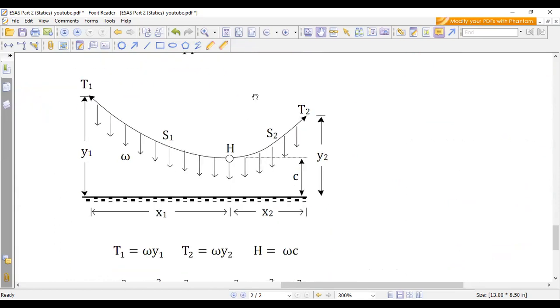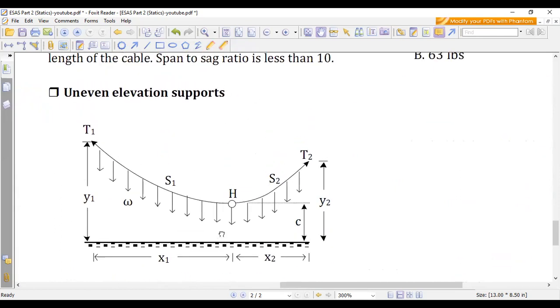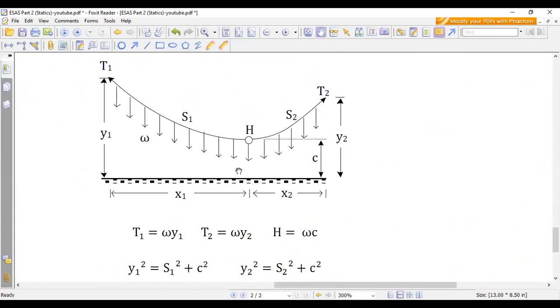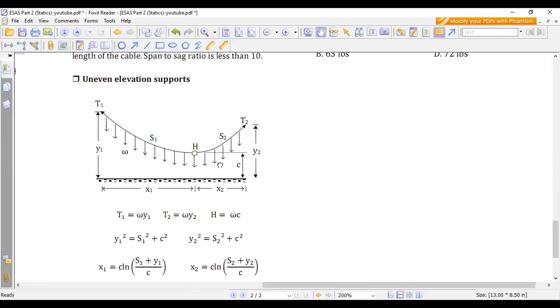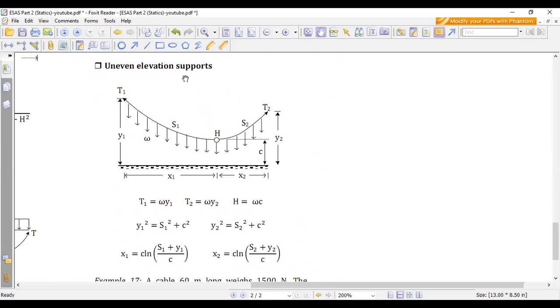So as you can see, in a catenary cable the first scenario would be the uneven elevation of supports. We have T, which is for tension. Y is the distance from the end of the cable to the reference ground.